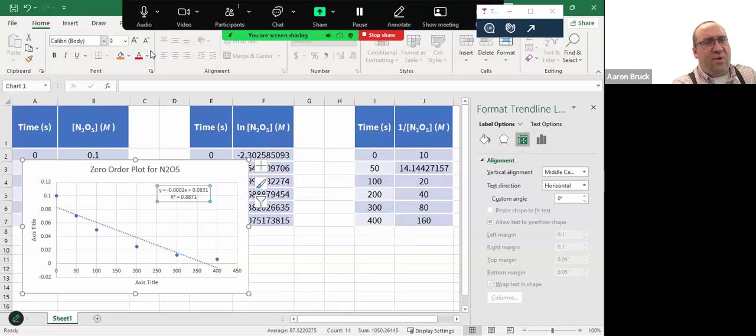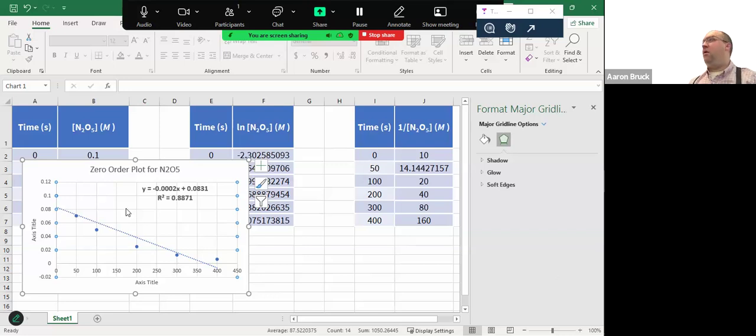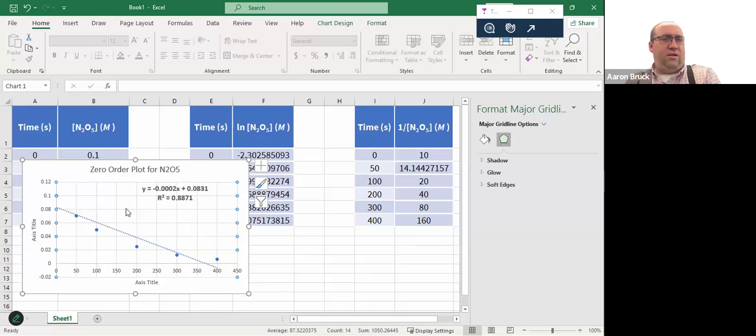But we can see pretty clearly here at 0.8871 for R squared, this is not a very linear fit. So 0 order is probably not the correct answer.